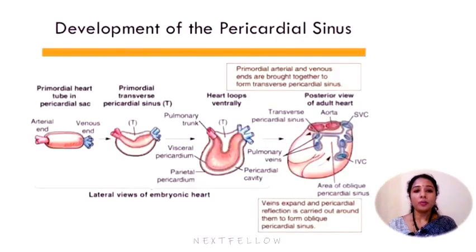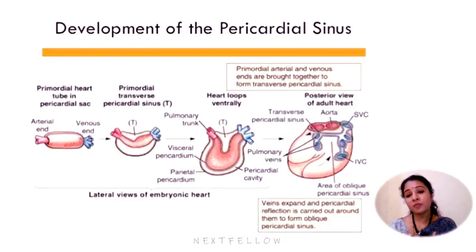Okay, let's talk about the development of the pericardial sinus also. The pericardium has three components, as we know. That is the serous pericardium, which contains the visceral and parietal layers. The visceral pericardium is from the splanchnopleuric mesoderm, and it forms the epicardium, and the parietal pericardium is derived from somatopleuric mesoderm. The fibrous pericardium is derived from the pleuropericardial membrane, which forms a fibrous partition.